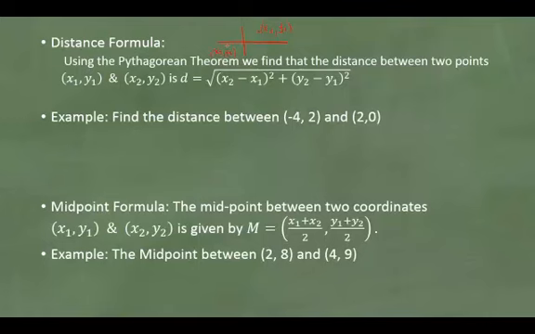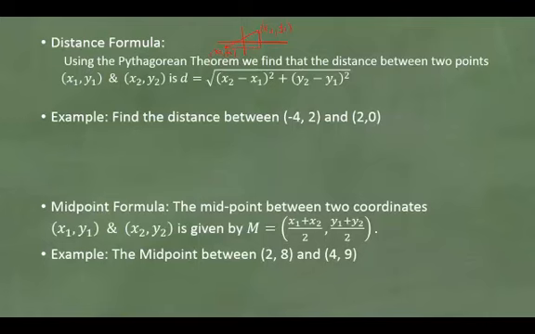Let's say it was down here somewhere. Then we want to use the Pythagorean theorem to find the distance between those two points, that distance right there. Notice you can always form a triangle, and that's how we get the distance formula.